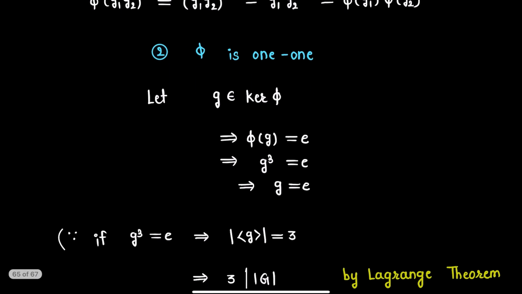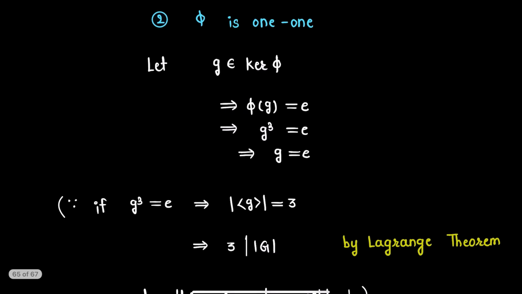So we must have g equal to the identity element of group G, and thus for any arbitrary element g in the kernel of phi, the kernel of phi is the singleton identity, and this proves that phi is one-one.